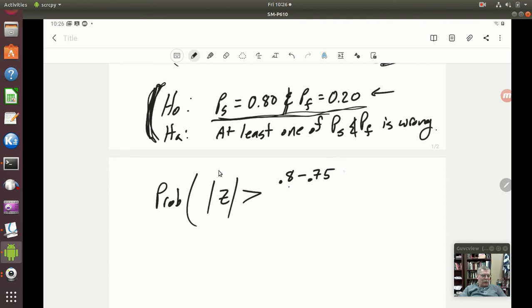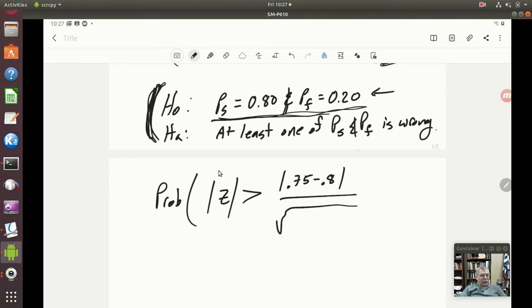And actually, we write it the other way around, and so I'll use absolute values: 0.75 minus 0.8, and then divided by our standard error. Now, this is why you can rarely get different answers from the confidence interval versus the hypothesis test.